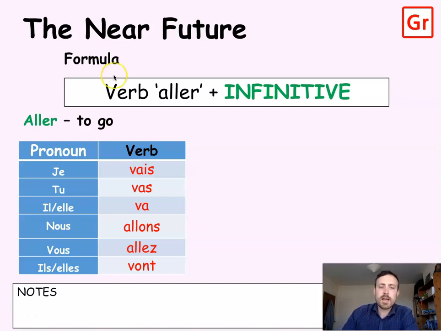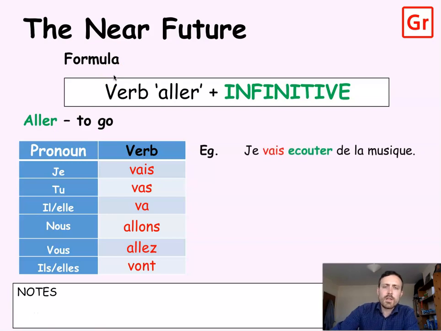So once we've put that in, then we're going to just put our infinitive that we'd like to do. So for example, we've got here je vais écouter de la musique, which we've taken our verb aller and we've added our infinitive here. So I'm going to listen to music. And often a mistake that people make is they want to conjugate that infinitive, that green part of the verb.